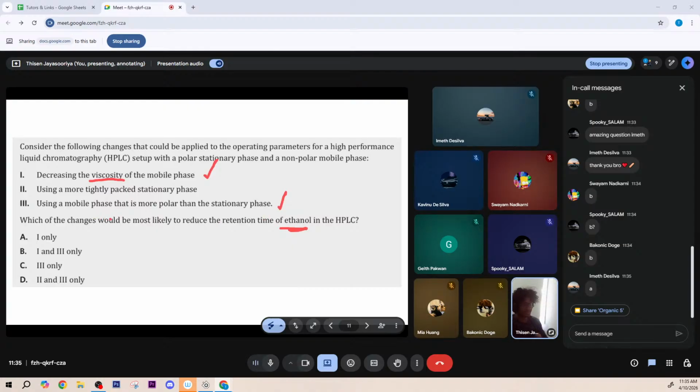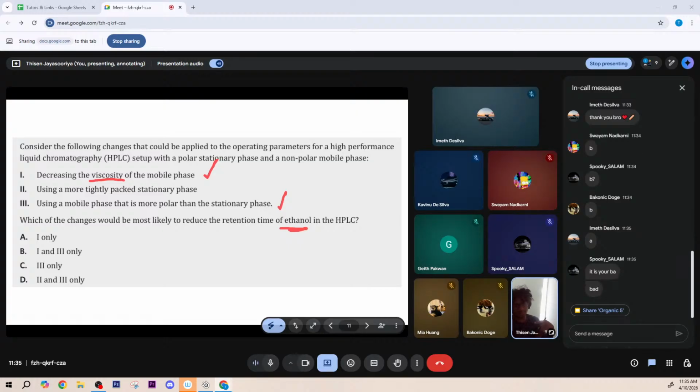The other option is fine because if the mobile phase is more polar than the stationary phase, that means ethanol, a polar molecule, would adhere more to that mobile phase.